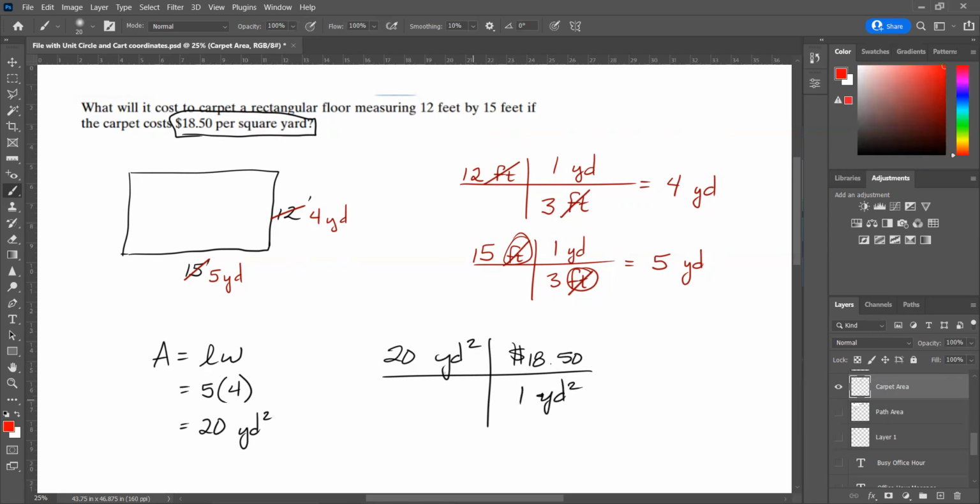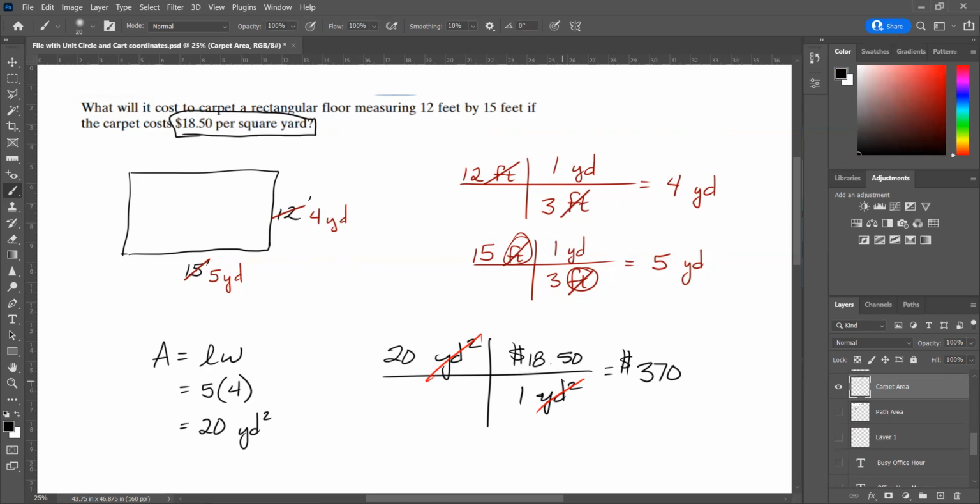Now look at that, my units cancel. I'm left with just dollars, so I have 20 times $18.50, which would be $370.